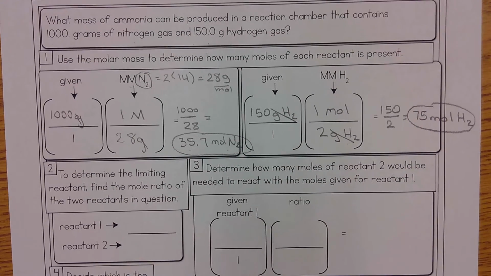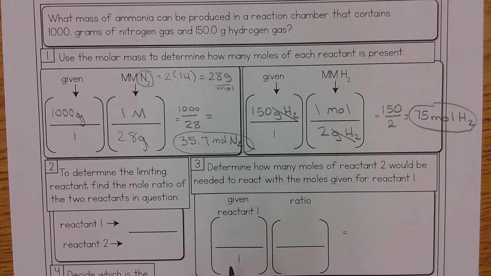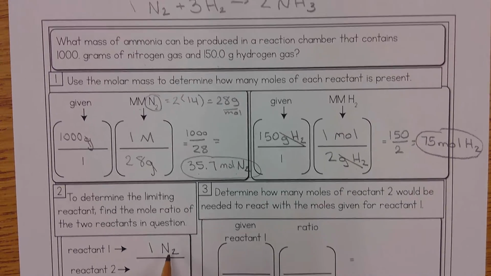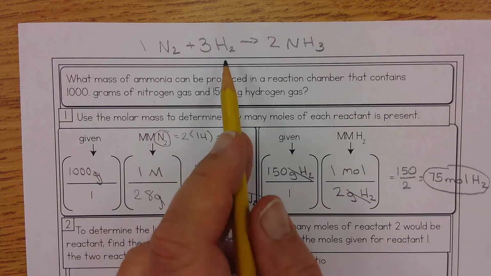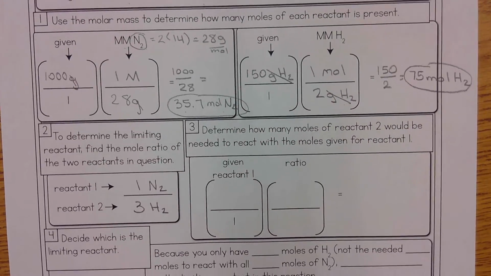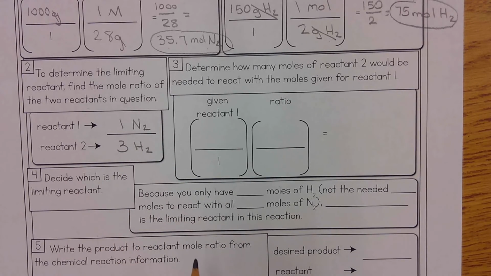All right, so now that I have this converted to moles, I need to find the limiting reactant. So I find the mole ratio of the two reactants, which reactant 1 is nitrogen, it's 1, right here, and then hydrogen is 3. So 1 nitrogen needs 3 hydrogens in order for my recipe to happen.